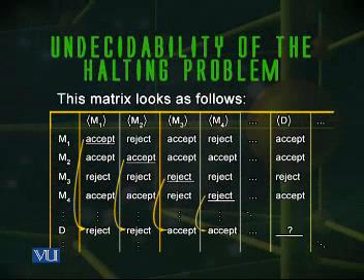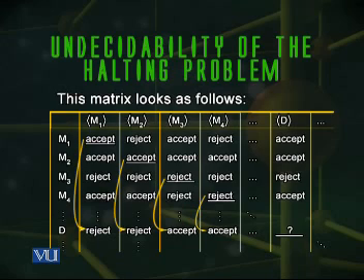Let's look at this row a bit more carefully. The first element of this row is reject because M1 accepts its own description. The second element of this row is going to be reject, whereas the third element is going to be accept.